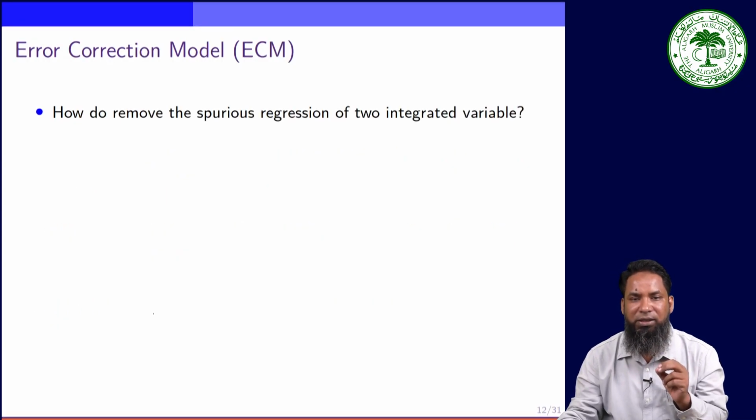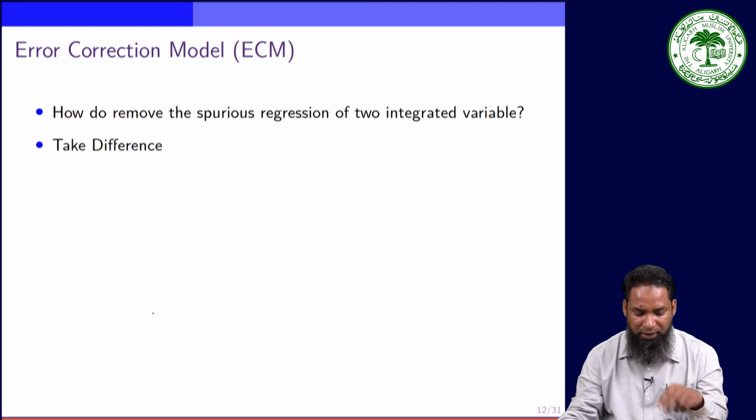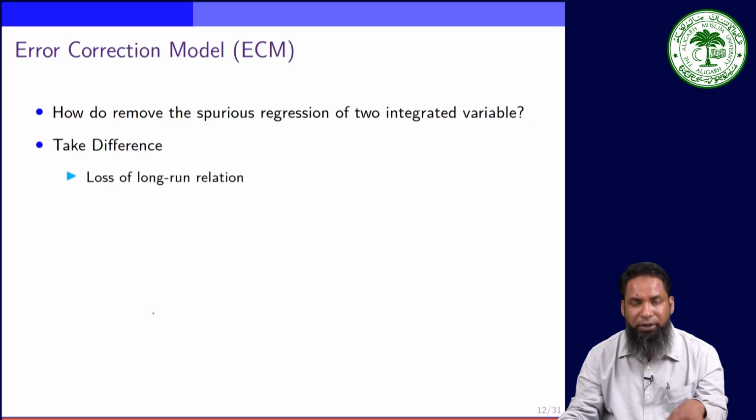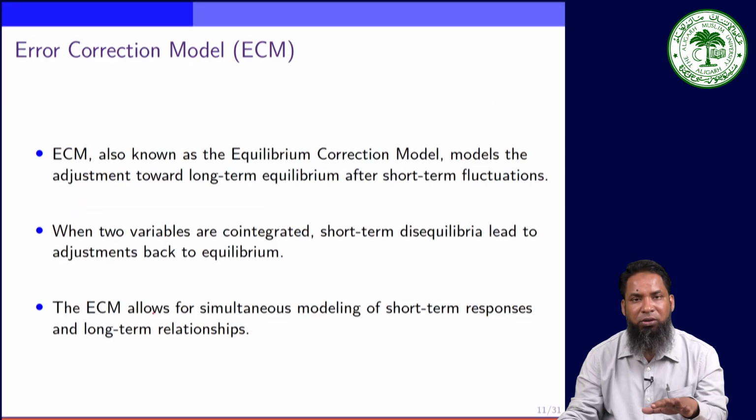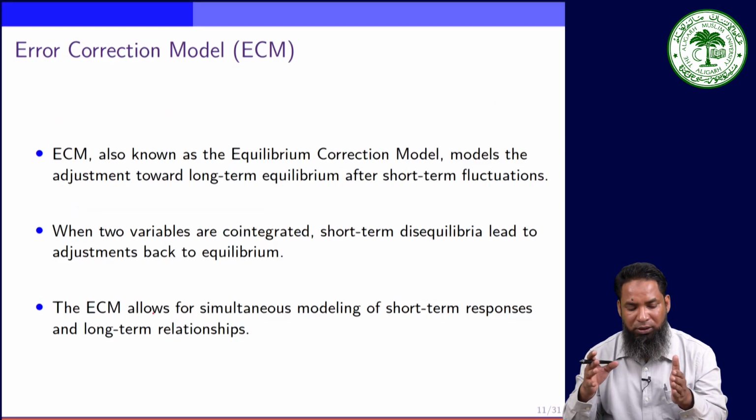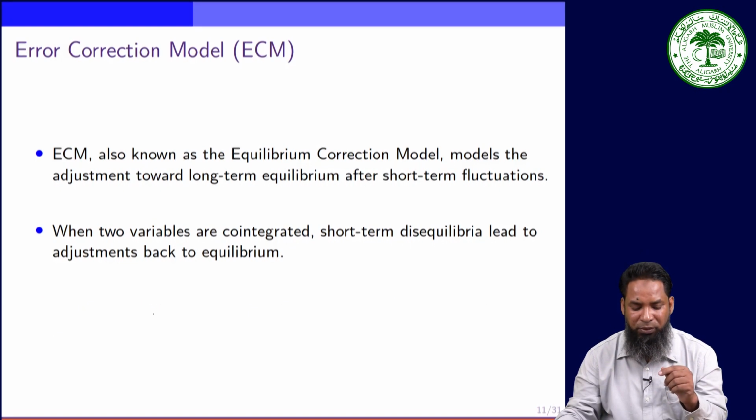To understand that, before that we will see how it removes the problem of spurious regression which we found in case of non-stationary series. This ECM allows us to estimate both short-term and long-term relationships simultaneously.